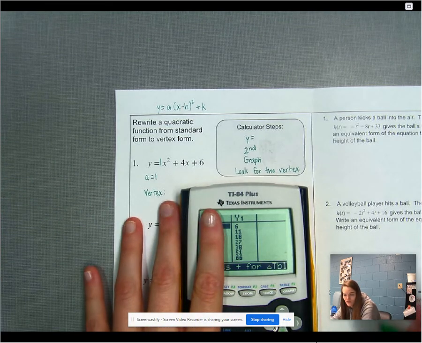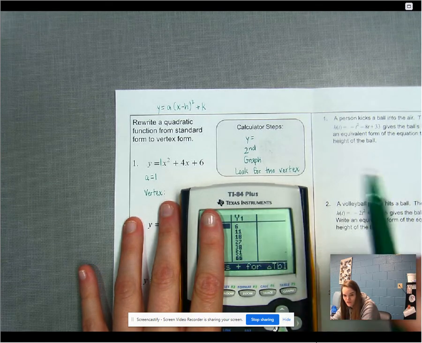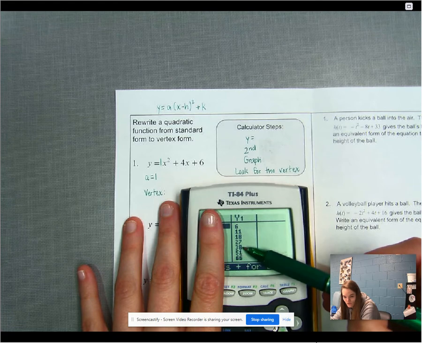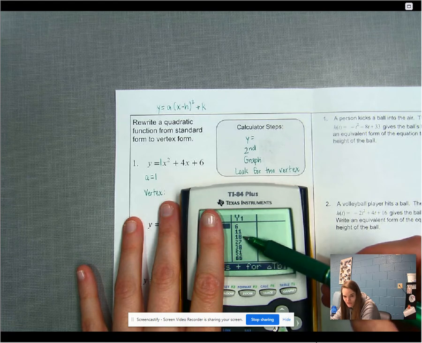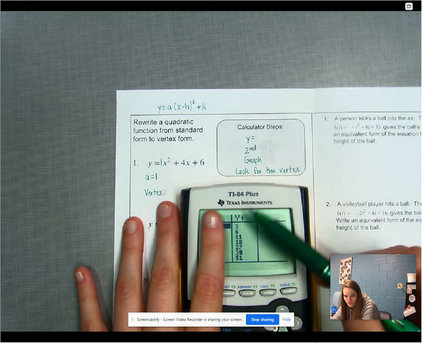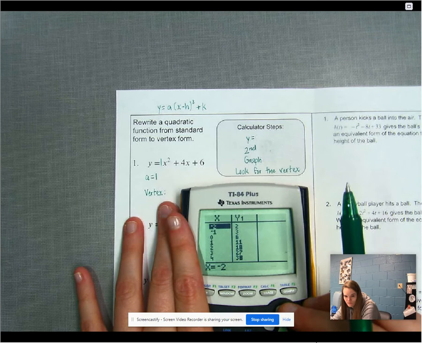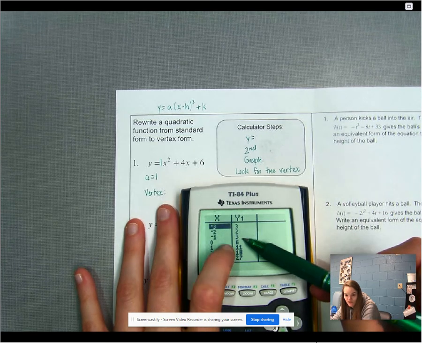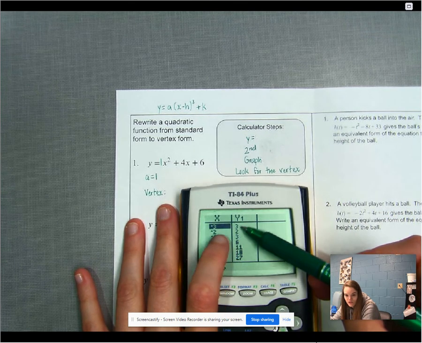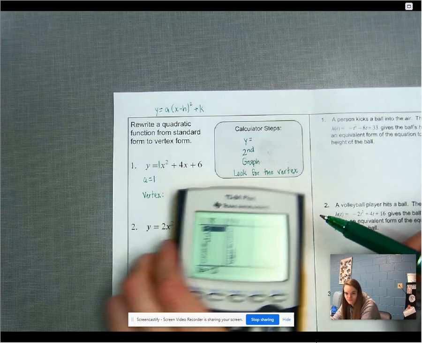So I'm not looking at the x values yet. 66 doesn't repeat. 51 doesn't repeat. 38 doesn't repeat. 27, 18, 11, 6. None of those repeat, so it's not right here. 3 does not repeat. 2 does not repeat. 3 does repeat. See how it's 3 and then 3? That means in between those 3's, negative 2, 2 is the vertex.